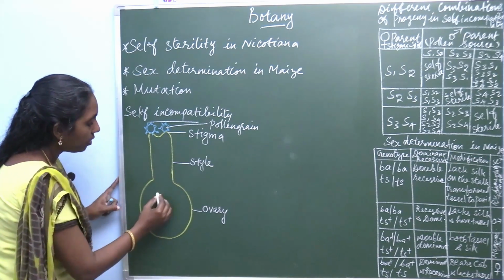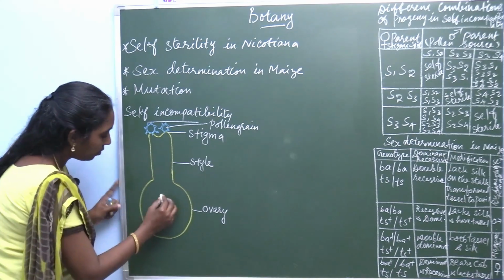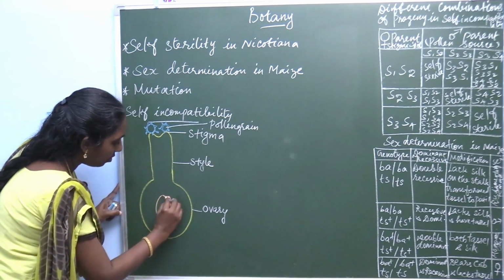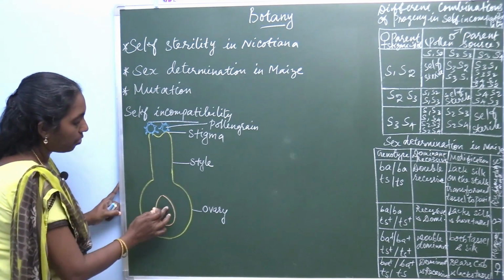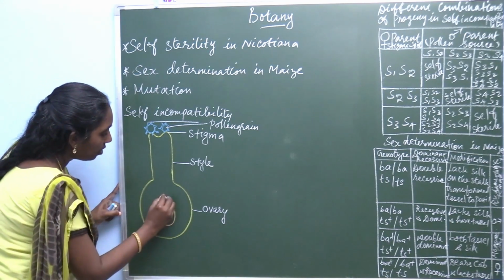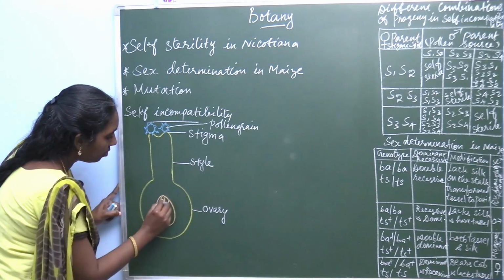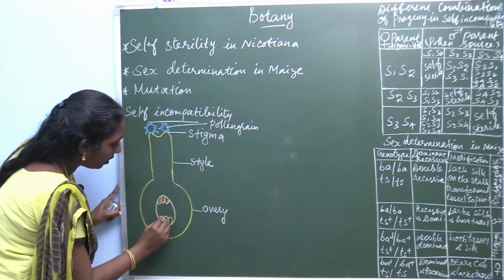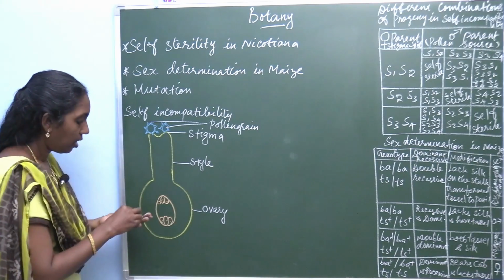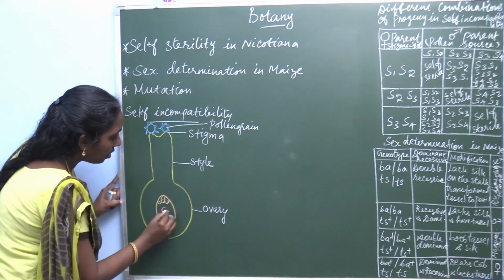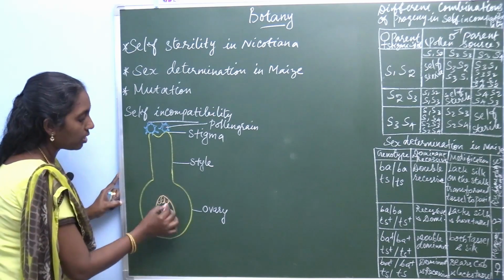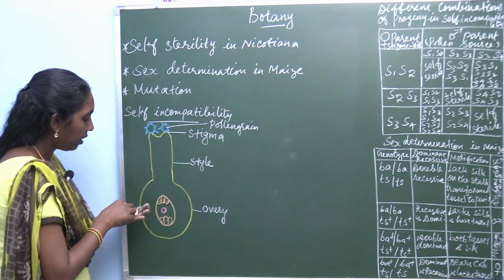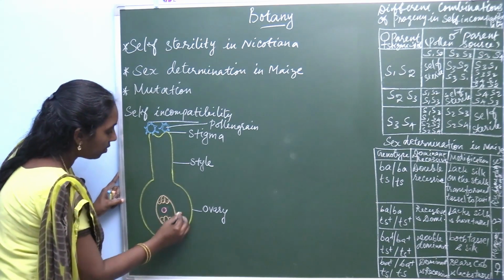In the ovary, there are regions: the embryo sac, here 3 antipodals, egg and synergids, and polar nuclei or secondary nucleus present here, covered by integuments.